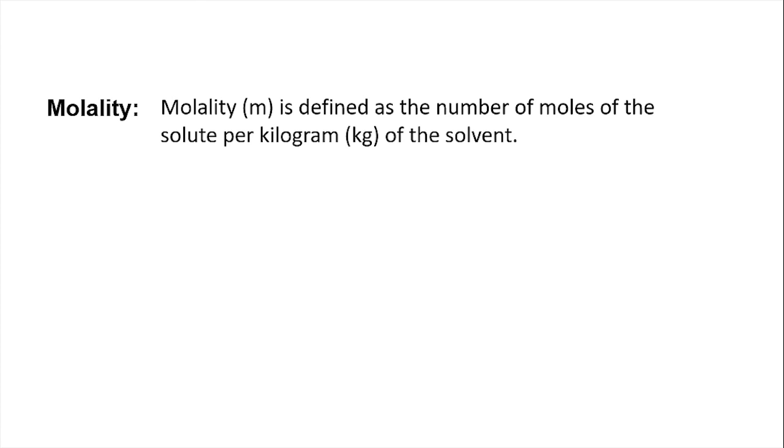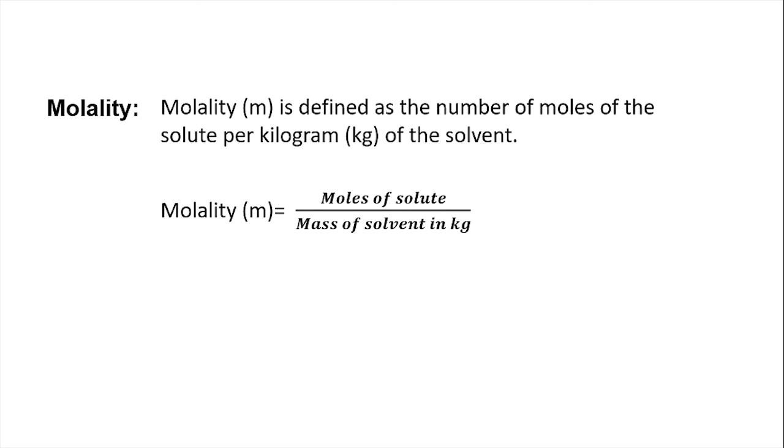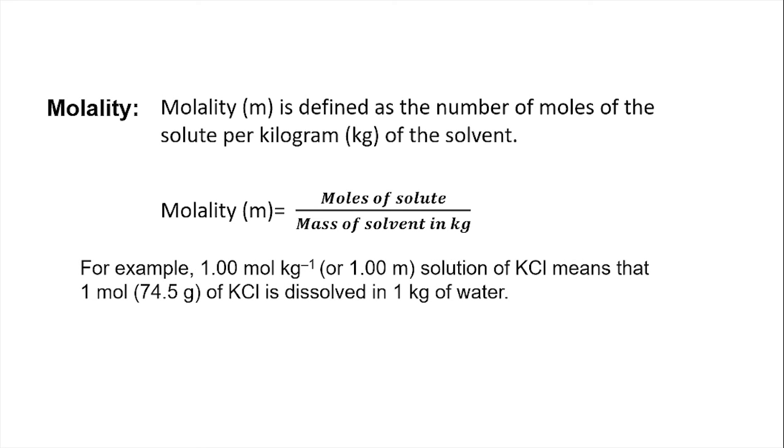Molality. Molality, small m, is defined as the number of moles of the solute per kilogram of the solvent, and it is expressed as molality m equal to moles of the solute divided by mass of the solvent in kg. For example, a 1 mole per kg or 1 m solution of KCl means that 1 mole, that is 74.5 gram of KCl, is dissolved in 1 kg of water.